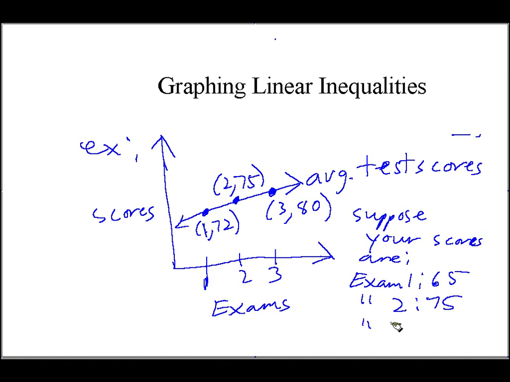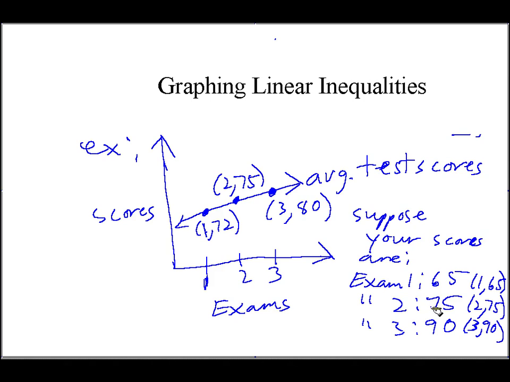For exam 3, your score was 90. So that means basically we have 3 data points, right? This is (1, 65), that's your score here. This is 2, second exam, you scored 75. And third exam, 3, you scored 90 on this exam.